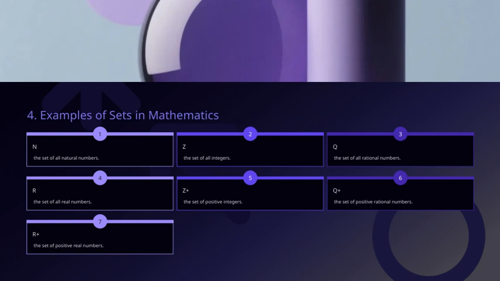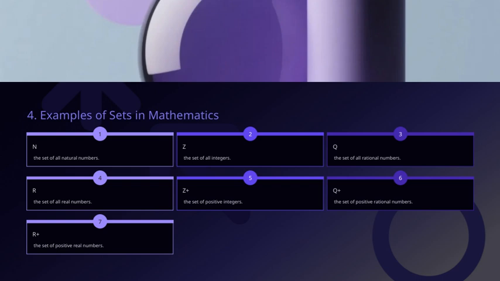Then, Z is again the set of all integers, which is broader than just the positive integers, since it includes negatives and 0. Finally, R, the set of all real numbers, includes every possible number along the number line: positive, negative, fractions, irrational numbers, and 0. And at the very end, N stands for the natural numbers, typically the counting numbers starting from 1 onward.